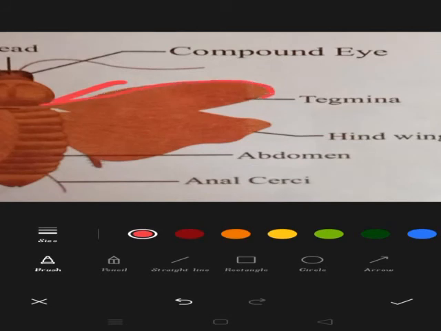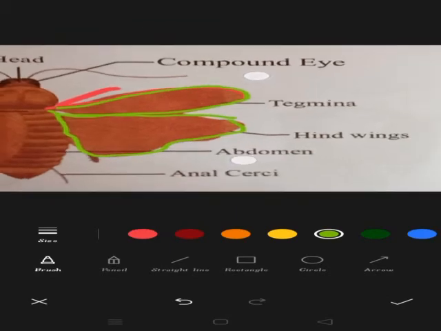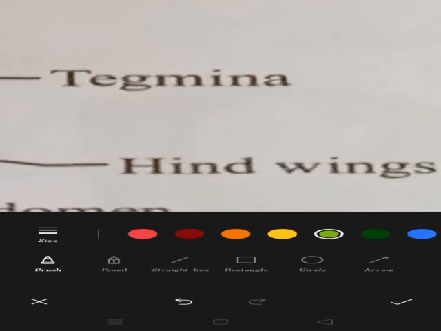Forewings. Let me take another color, green. Forewings and hindwings. The forewings are also called tegmina, and also called mesothoracic wings.